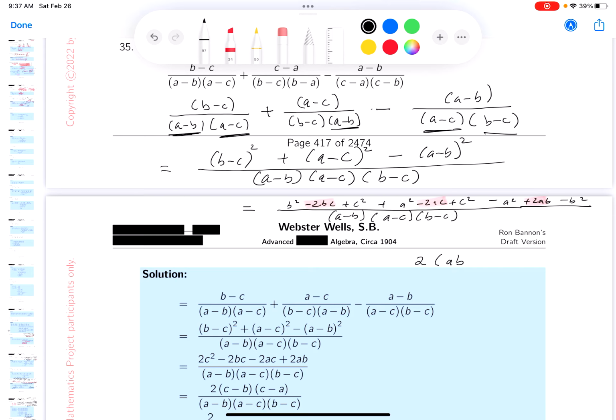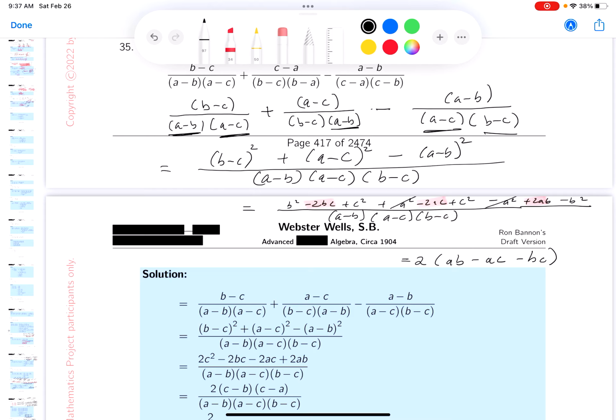I see AC. And what else do I see? I see a BC. And then what do I see? Let's be careful about this. I see the A squareds disappearing.